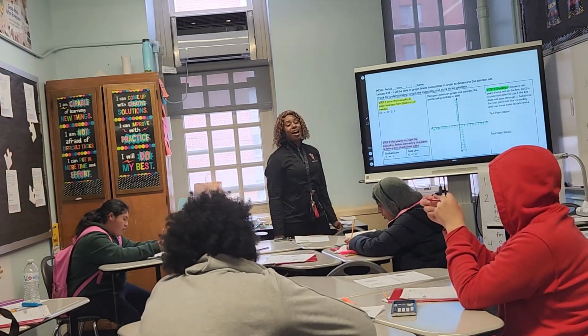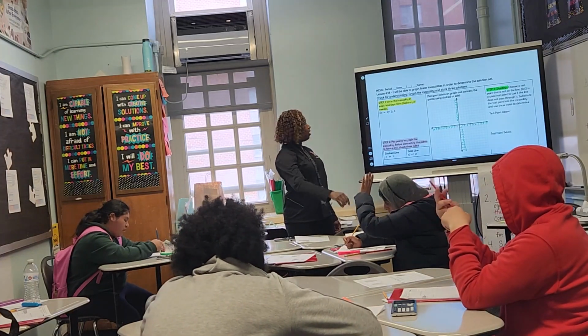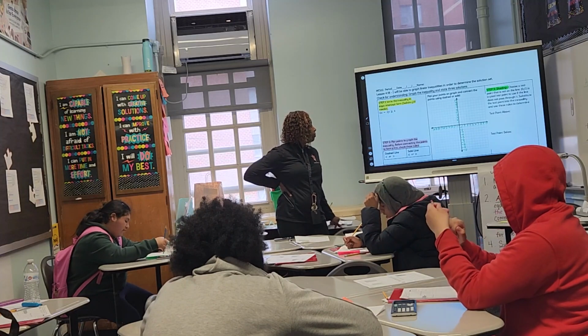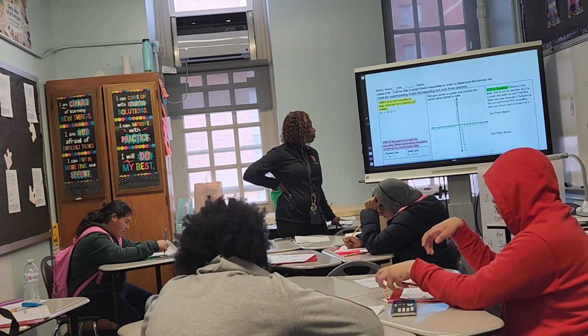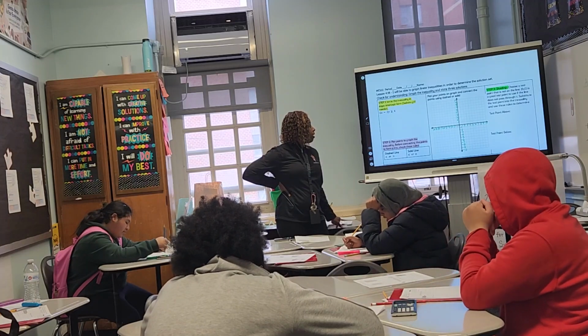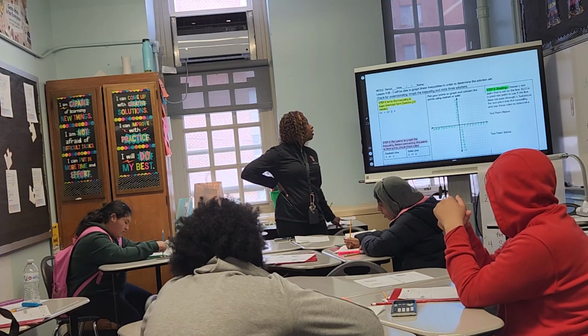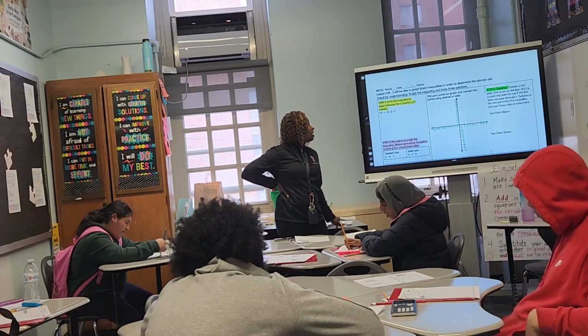Step 2, what do we have to do? Someone else. Hold on, another person. Step 2: Plot the points to graph the inequality before connecting the points to form a line, check these rules.